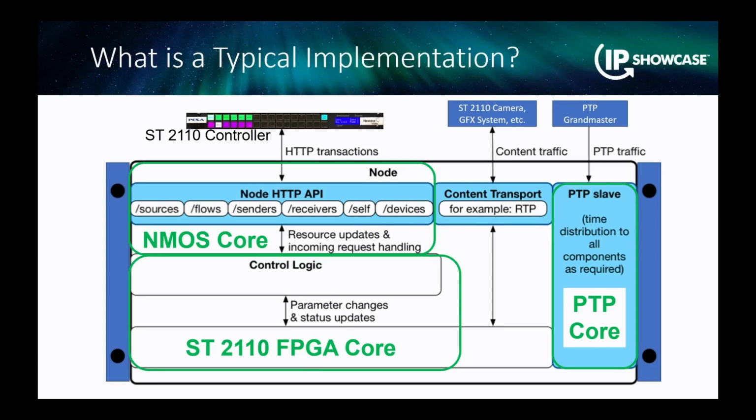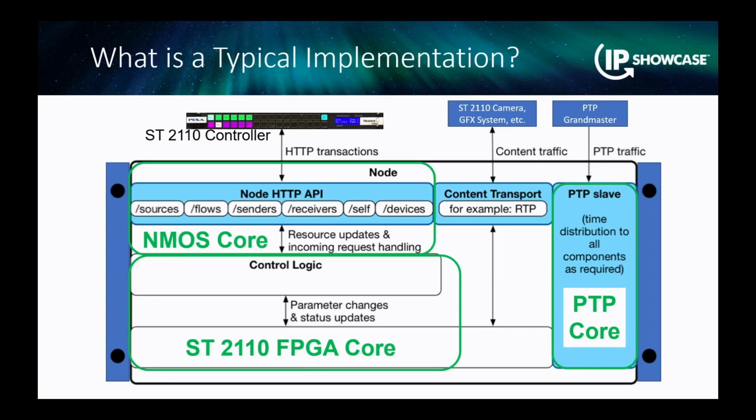What that allows you to do is connect commands that would come from a controller down into your FPGA hardware to tell it what to do. Tell it, I'm going to listen to this stream, or expect a stream coming in that's 1080p50, expect this kind of colorimetry.